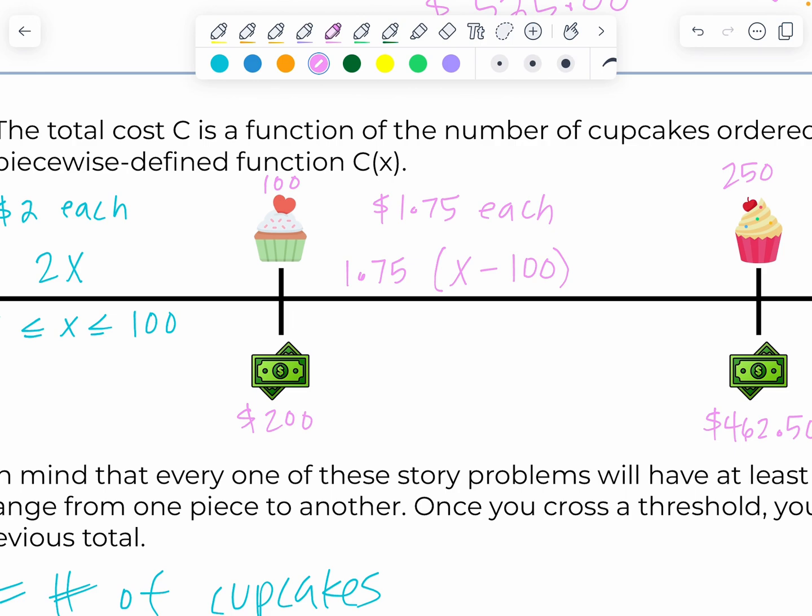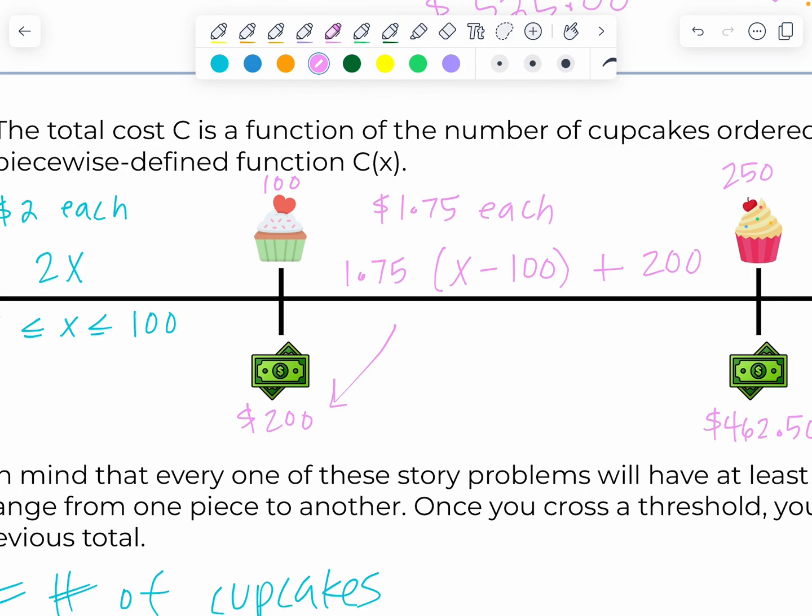So in order to calculate the amount of dollars that we're going to spend on cupcakes 101 through 150 in that case, we would have to do X minus 100, which is going to allow us to charge $1.75 for only 50 cupcakes. And then we're also going to have to add on this $200 to account for the $2 we pay for those first 100.